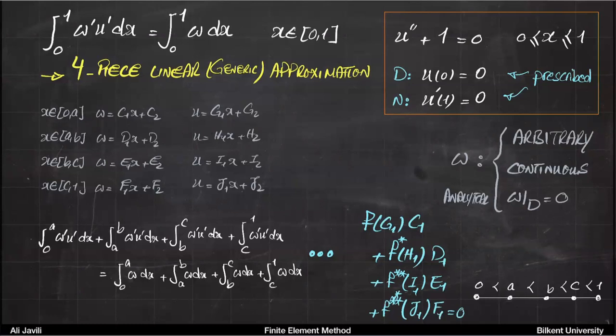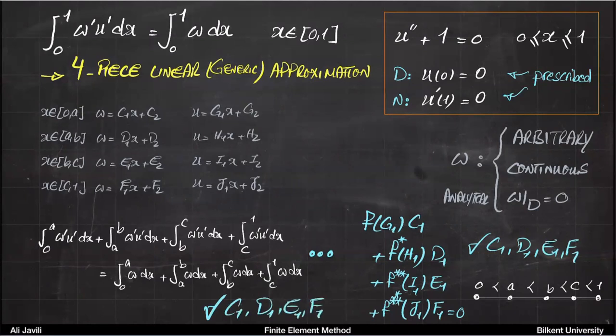Because this holds for any C1 and D1 and E1 and F1, you can calculate those coefficients from this. So this is what's going to happen. This integral should hold for any C1, D1, E1, F1.